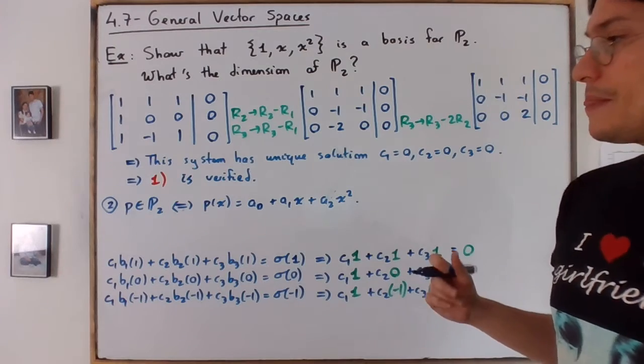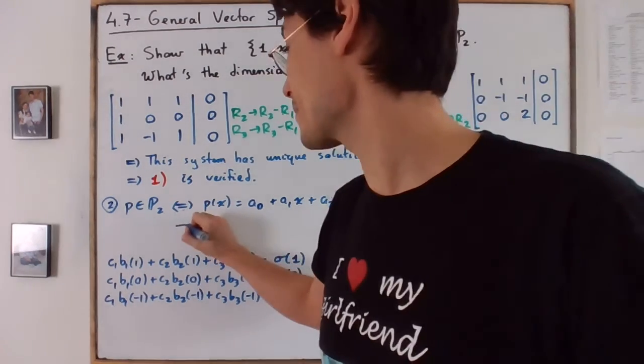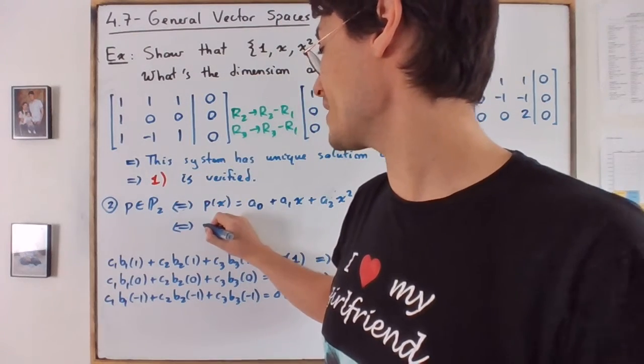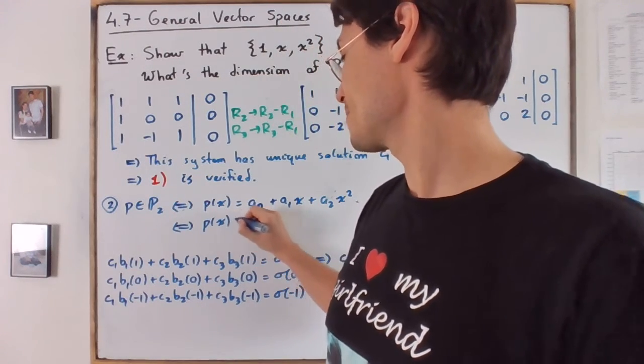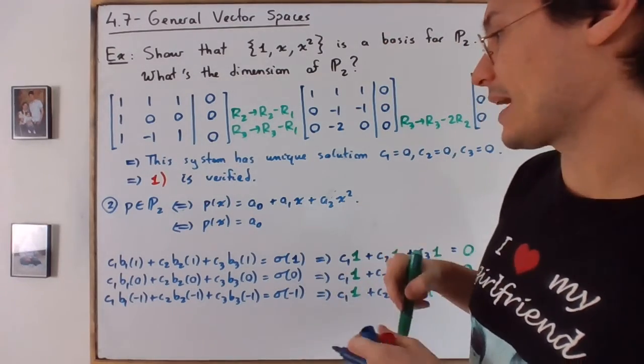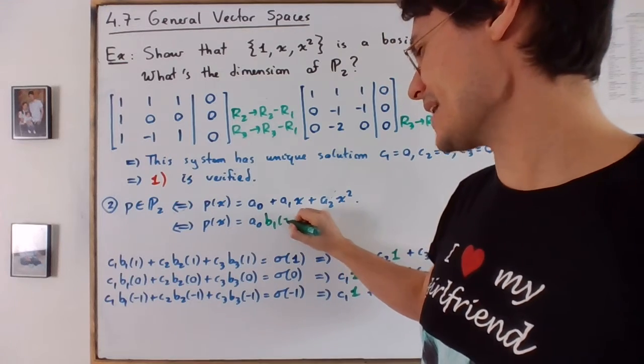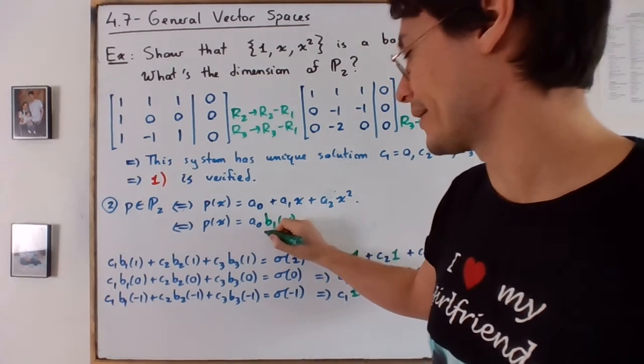Now I'm going to sneak in the basis elements. So I'm going to write here, if and only if P of x is equal to A0 b1 of x, which is just equal to 1, right?